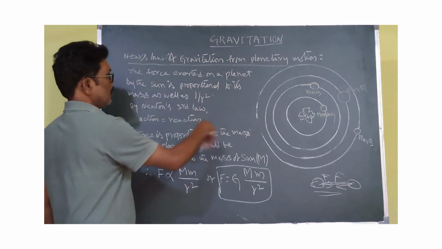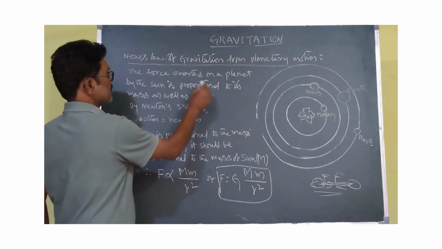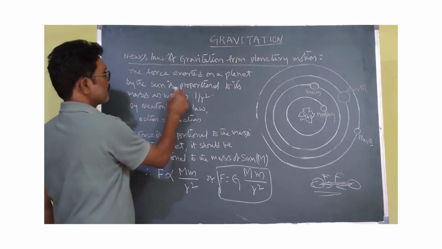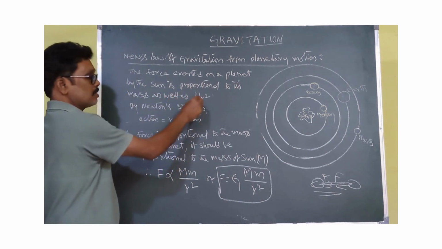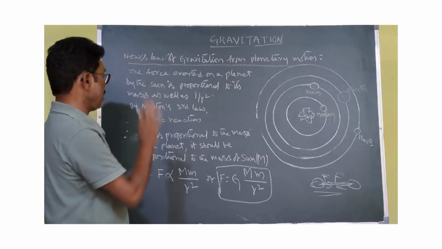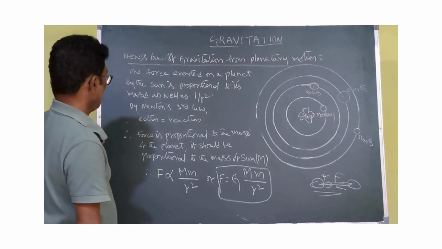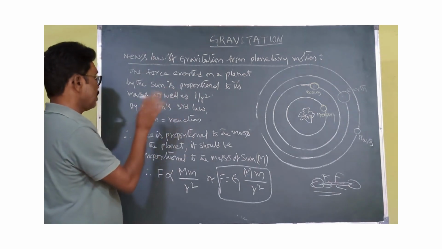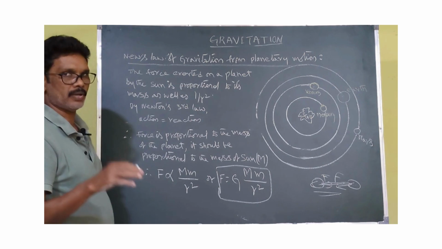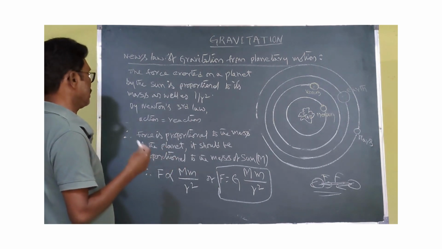So in this planet system, the force exerted on a planet by the Sun is proportional to its mass as well as 1 by r square. That we have learned from Newton's third law: action equals reaction.